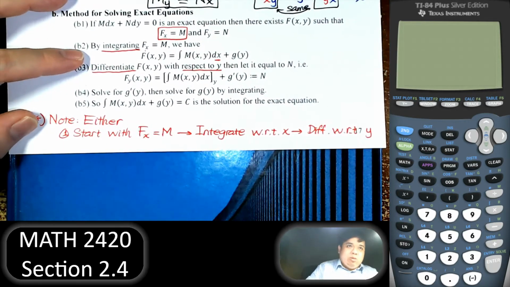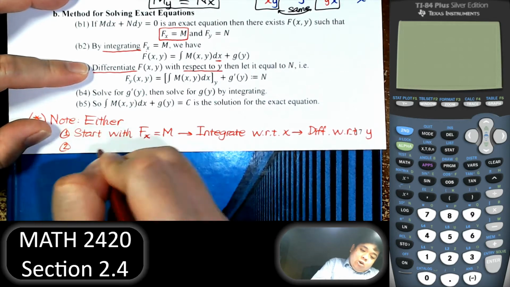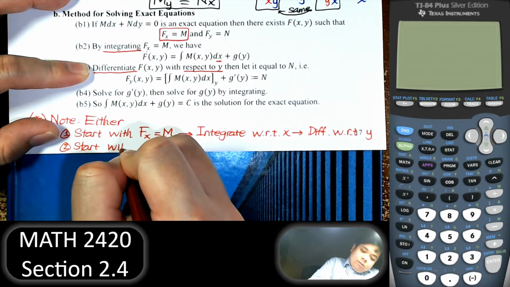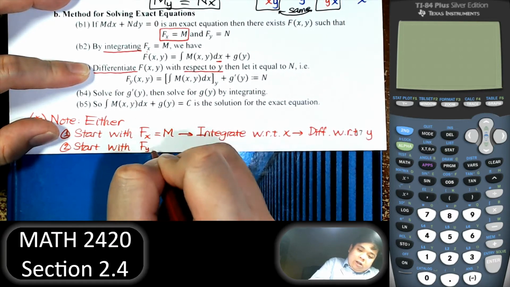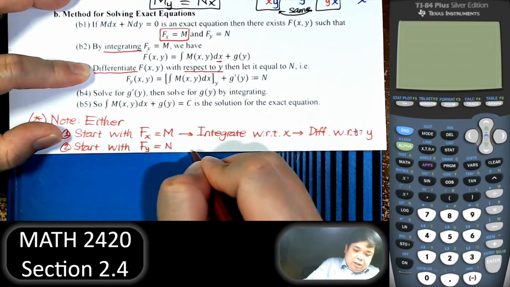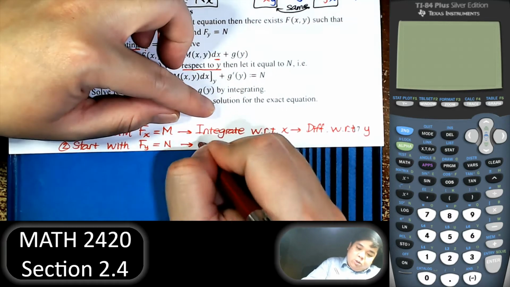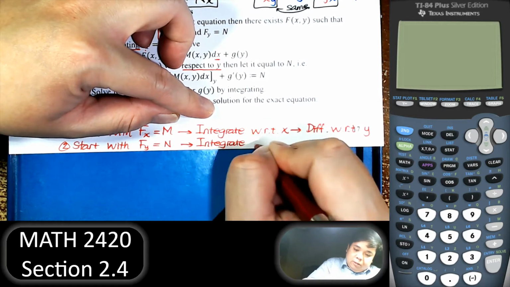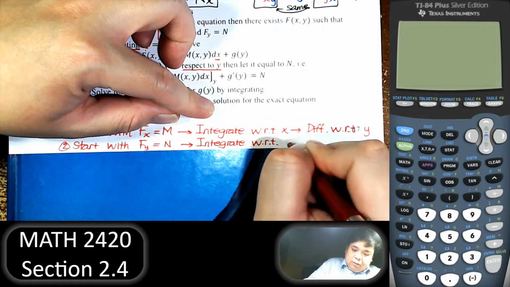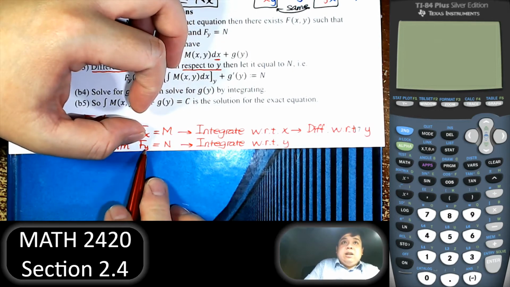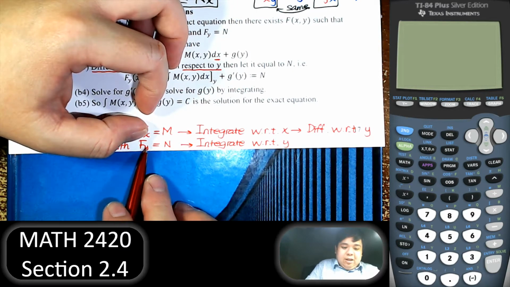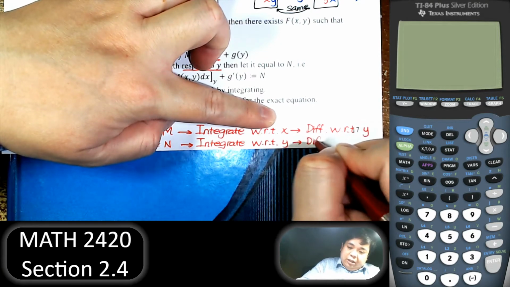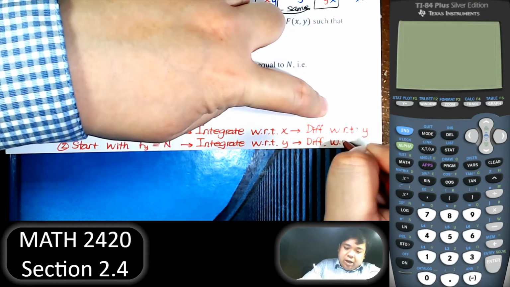You'll see when we look at the example, either we do that or we start with f_y equal to N and we integrate with respect to y, to undo the derivative, and then differentiate with respect to x.